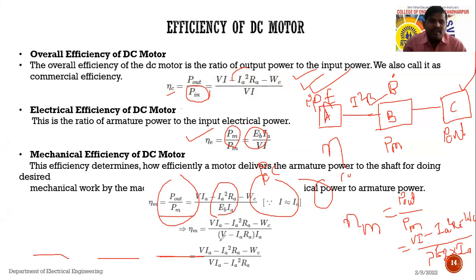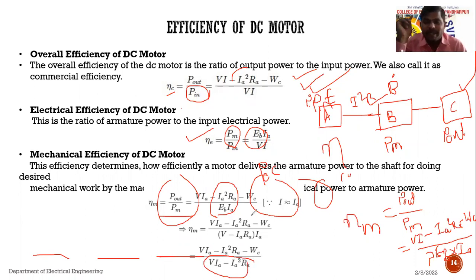If we solve and simplify this formula, we get VI minus IA square RA minus WC. Again we know that EB into IA, that is PM, is equal to VI minus IA square RA.